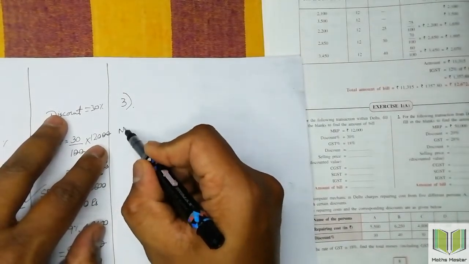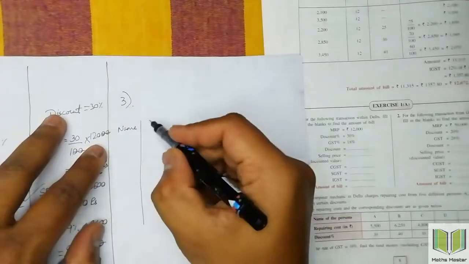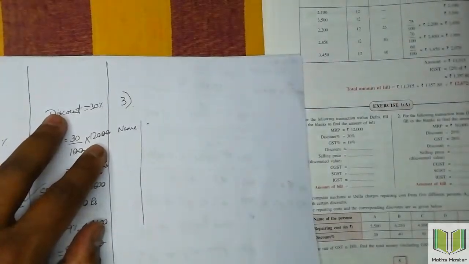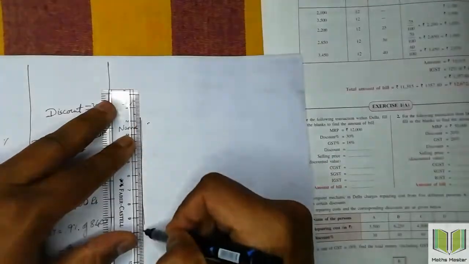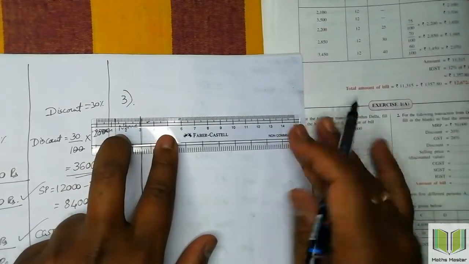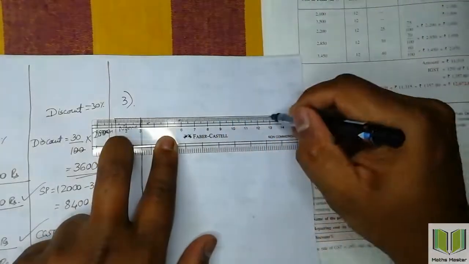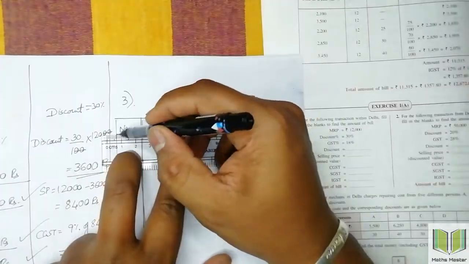So, name, cost. I make use of a scale. Yes, students, please make use of scales in your exams to make it look good. Helps in scoring in some ways.